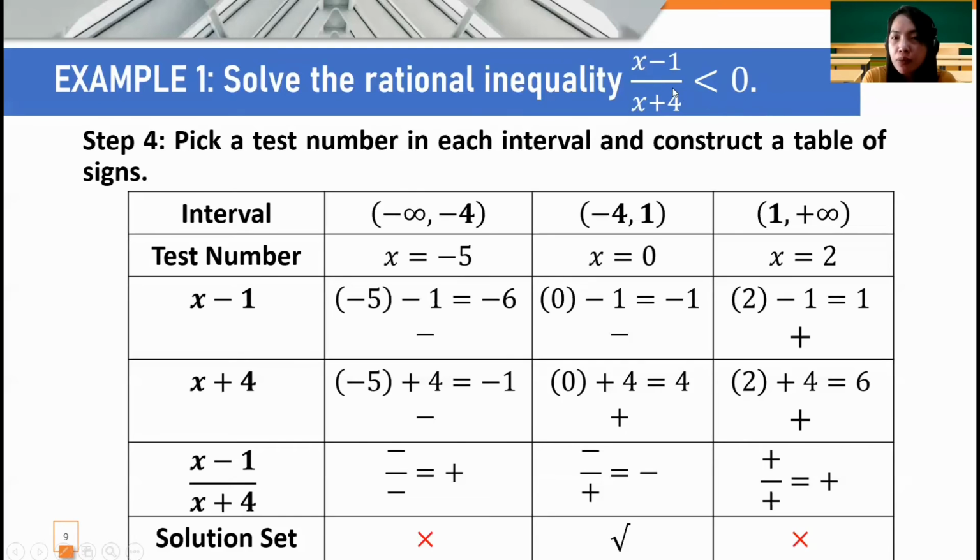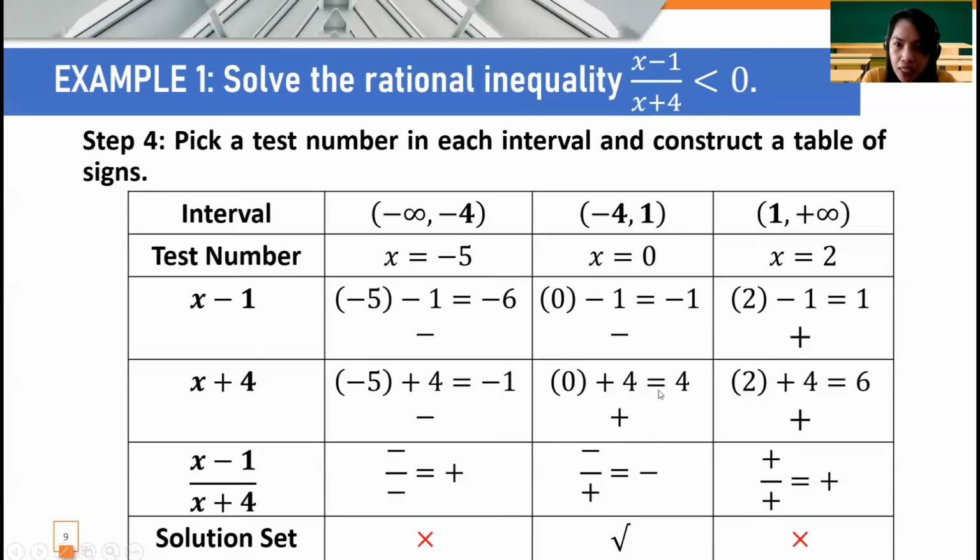Yung mga numbers na less than 0 ay mga negative numbers. So pipili tayo dito sa tatlong sign na nakuhaan natin. Alin ba dito sa tatlo yung negative? Kasi sabi dito, sa given na rational inequality, ano ba yung mga numbers na less than 0? Yan yung mga negative numbers.